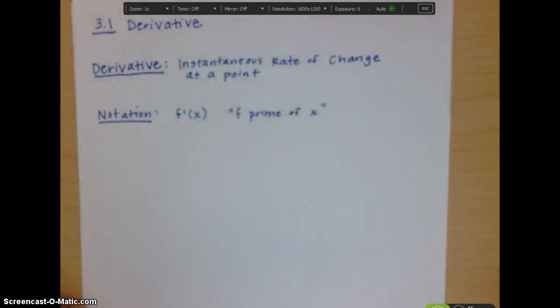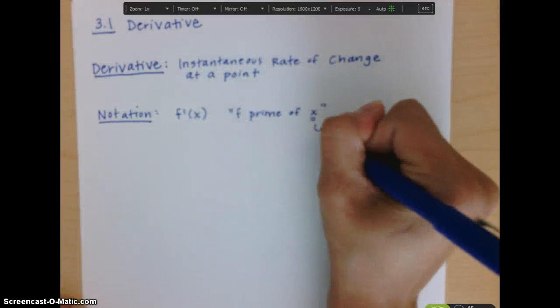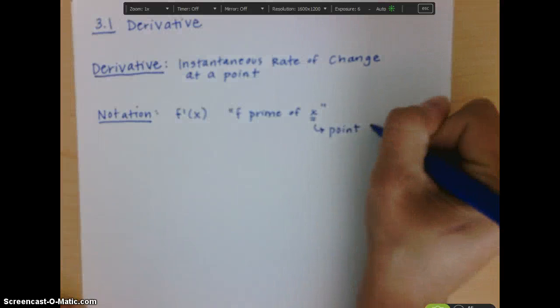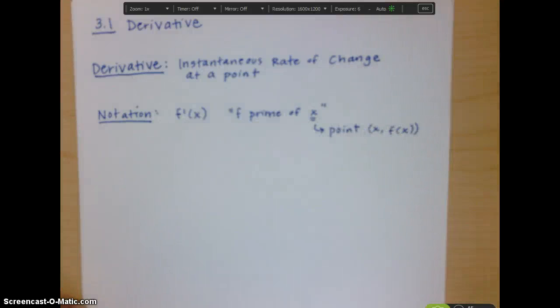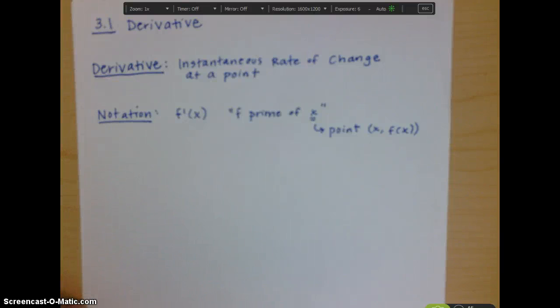So that is one that we use typically, x meaning the point at which we are finding the instantaneous rate of change. And when we say point, typically points have two coordinates, an x-coordinate and a y-coordinate, but we will often just refer to the x-coordinate in our discussion. So we're going to say that the point is where x is some given value.